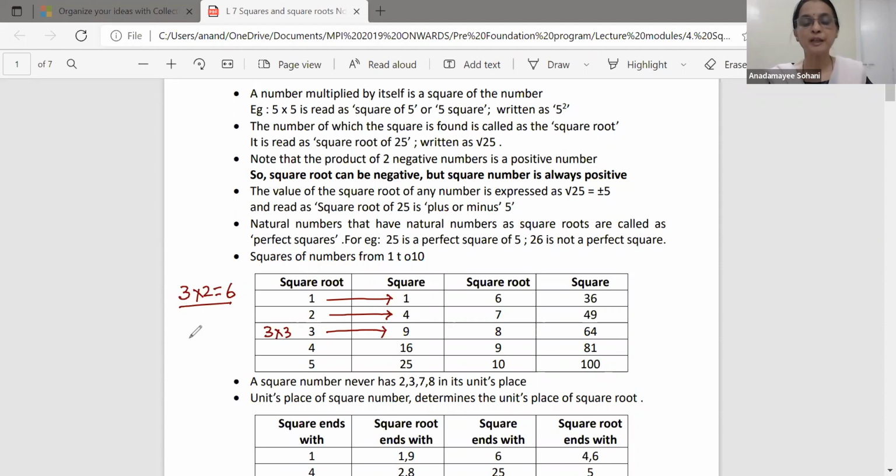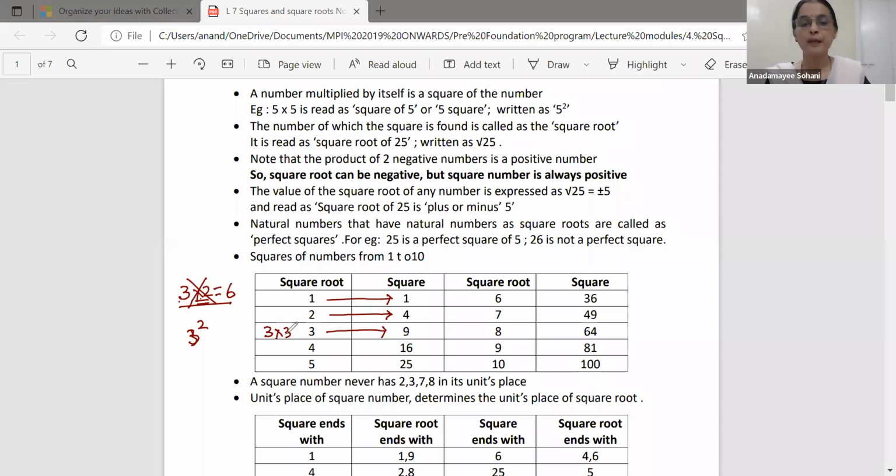2 times 3 will be expressed as 3 raised to 2 and not 3 into 2. This is a wrong way of writing. And 3 2s are 6. They will take it as 3 square. No. Number multiplied by 2 is not its square number. Number multiplied by itself is square.